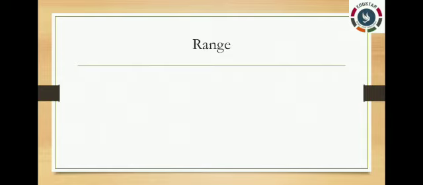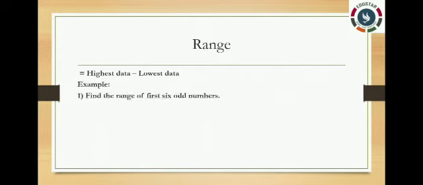Let us see range. Range is the difference between highest data and lowest data. Highest data minus lowest data. Now let us see example. Example 1. Find the range of first 6 odd numbers.